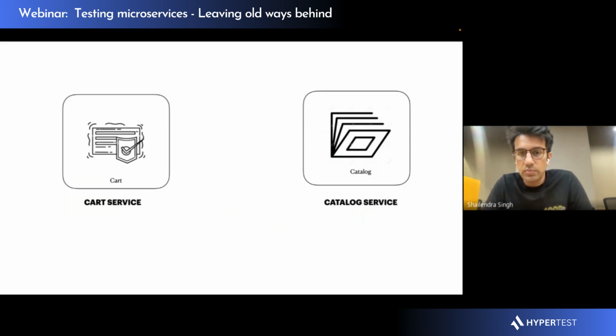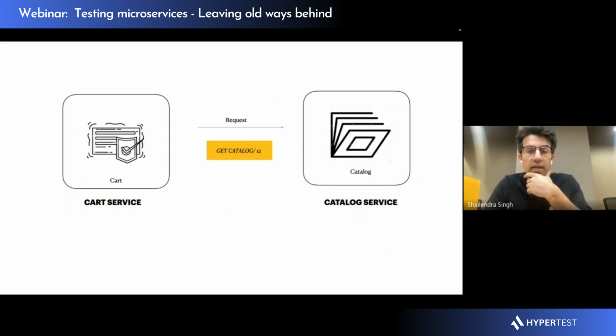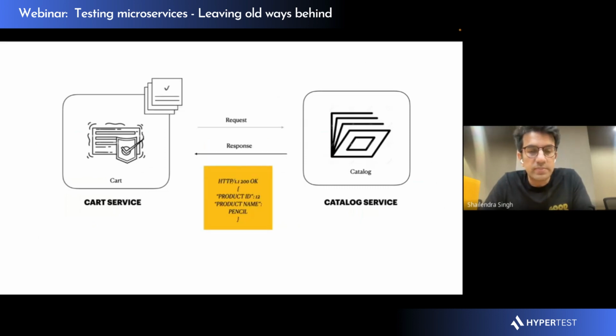In this case, the cart service sends a request to the catalog service. And the catalog service, like a dutiful, duty-bound downstream service, has to respond back to the service with some response. In this case, asking for some details and comes back with some details. So cart is the consumer, the catalog is the provider.